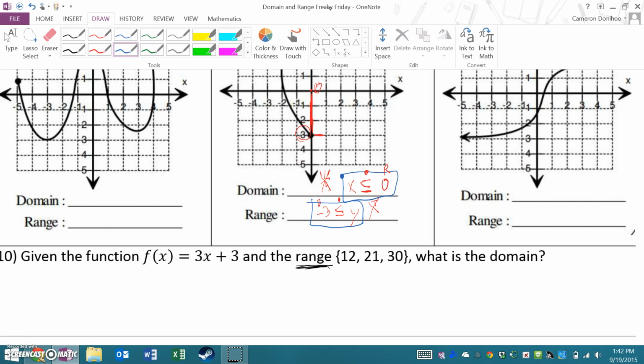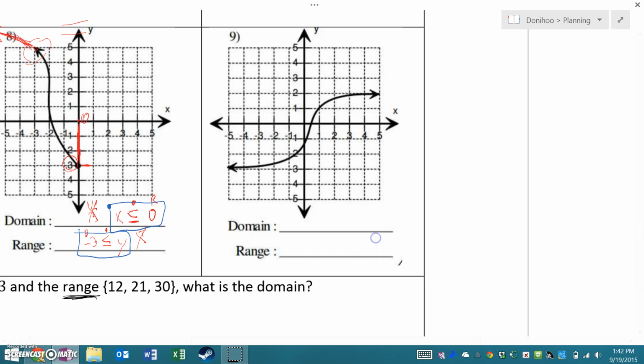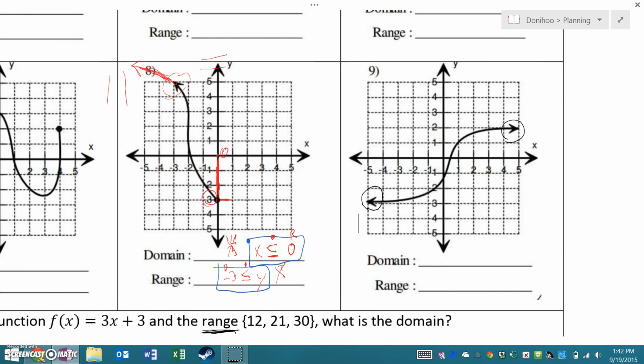I'm also going to talk just real quick about number 9 here, just because it's a little special. It has the arrows on both sides of the graph. Well, since from number 8, you can see that this graph just continues on. It means it's not stopping. I can't have a number on the left side, so I don't have a number on the left. I don't have a number on the right.